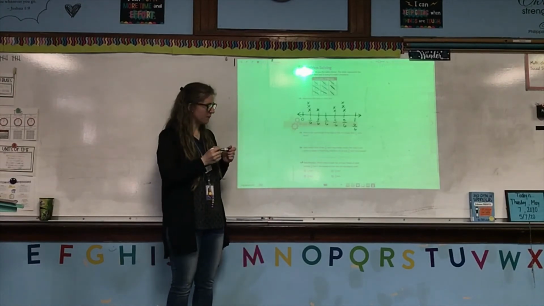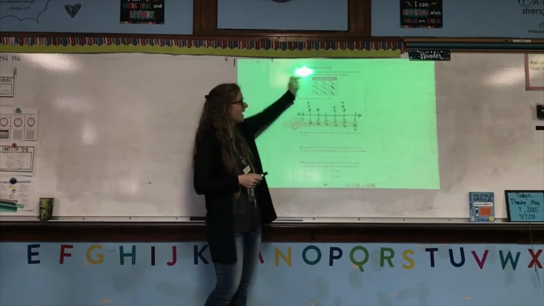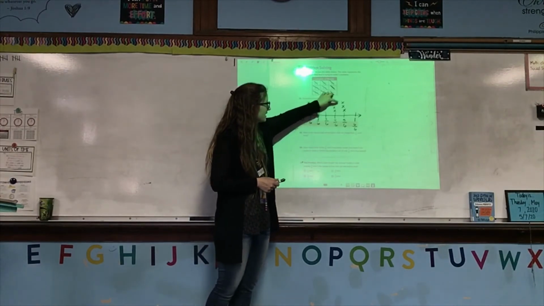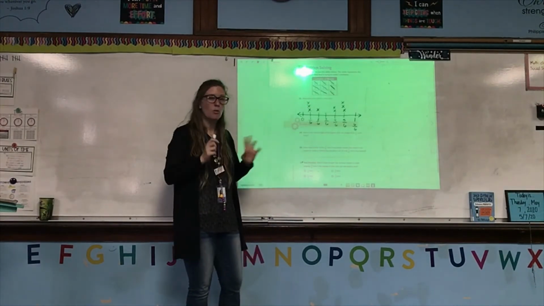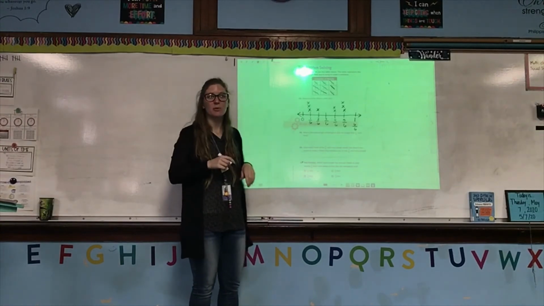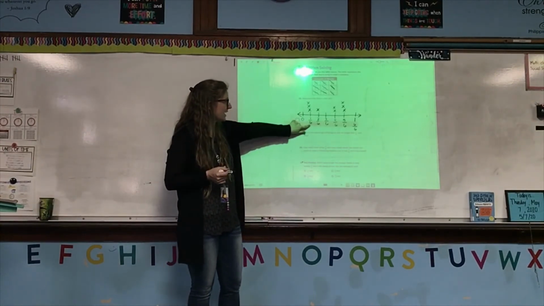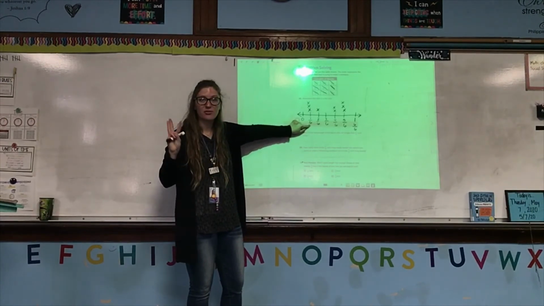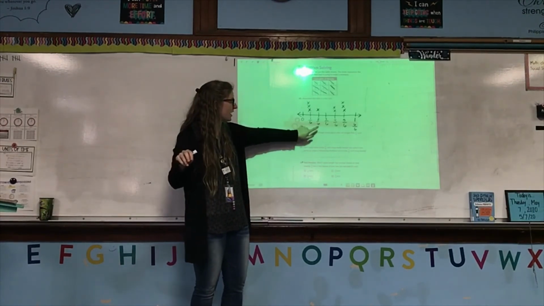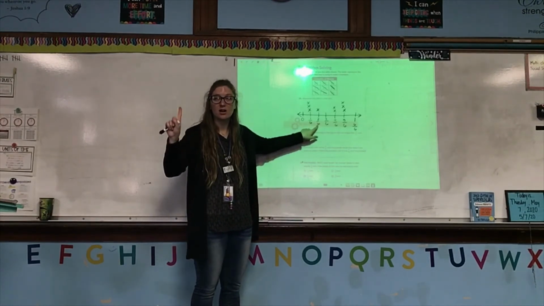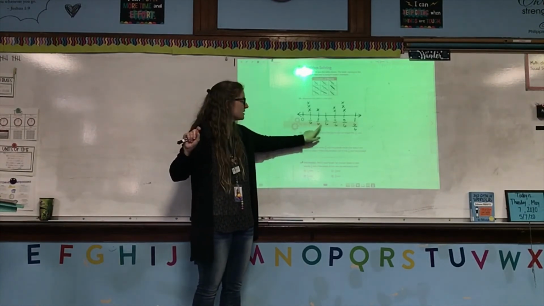So here is our line plot. We have 9 measurements, so we have 1, 2, 3, 4, 5, 6, 7, 8, 9 X's. One X for each measurement that is given to us. We have 3 X's above the 1/6, which means we have 3 beads that are 1/6 of an inch. We have 1 X above the 2/6, so there is 1 bead that is 2/6 of an inch.